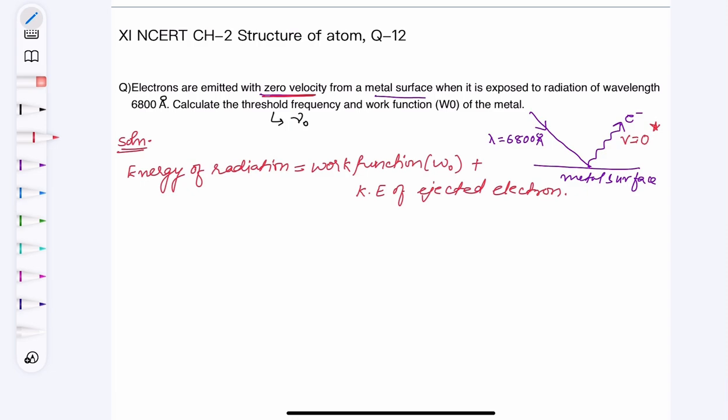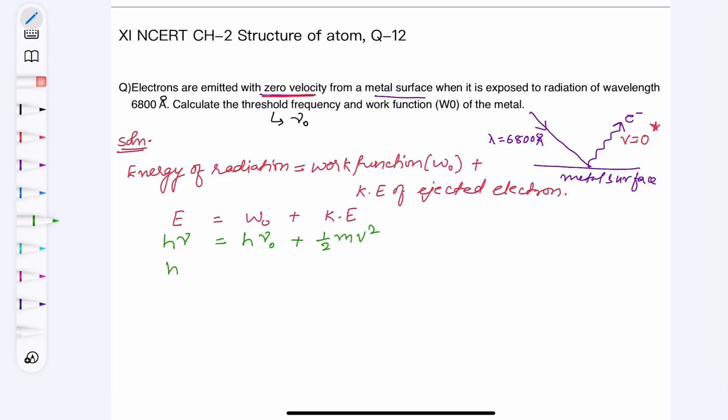Now this energy of radiation we can write as E, and the work function W naught, plus kinetic energy. Now this E we can write as h nu, where h is Planck's constant and nu is frequency, and W naught can be obtained by multiplying threshold frequency with Planck's constant, plus kinetic energy, which is half mv square.